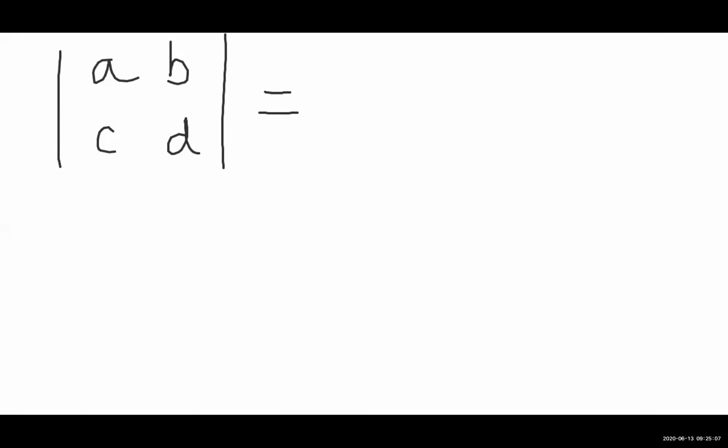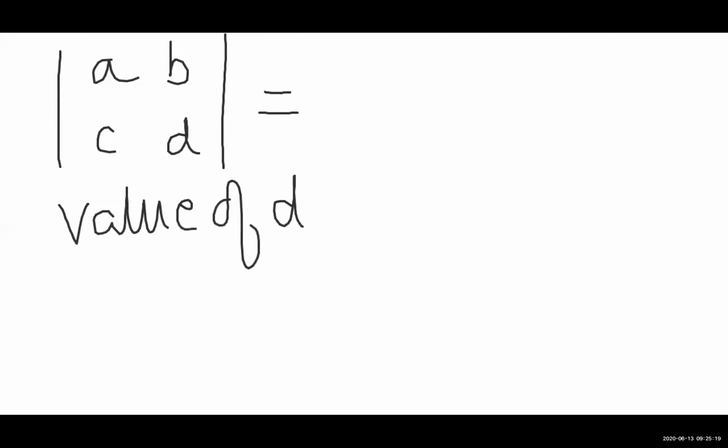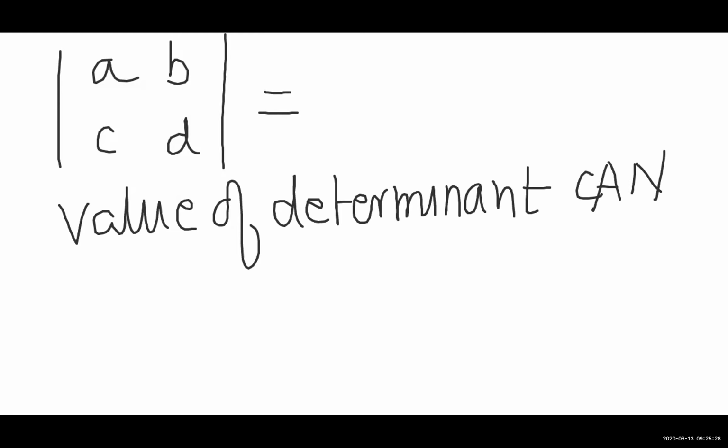So you can say that the value of the determinant can be found. आप वैल्यू ऑफ द मैट्रिक्स नहीं निकाल सकते, that is impossible, but the value of the determinant can be found. अब ऐसा क्यों है, मैट्रिक्स में क्यों नहीं कर सकते, इसमें क्यों कर सकते हैं, ये सब का अभी हमें we don't need to worry about it.